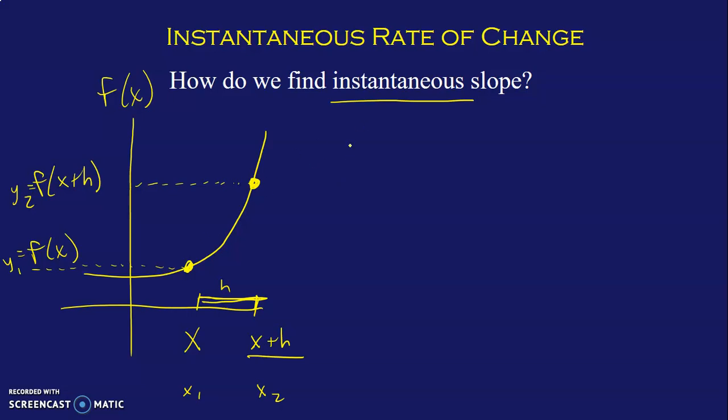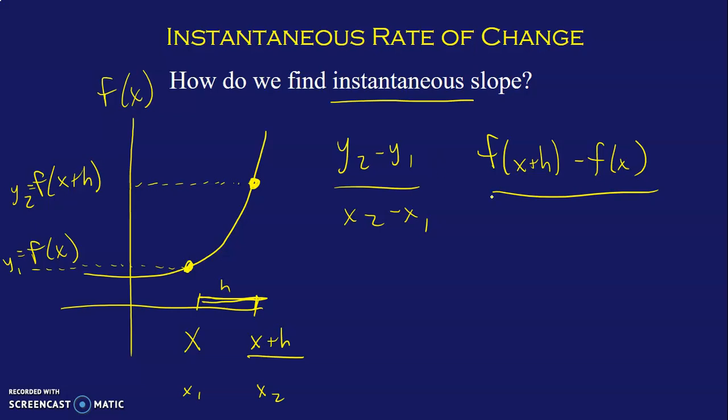So the slope, y2 minus y1 over x2 minus x1, which would be f of x plus h minus f of x over x plus h minus x.